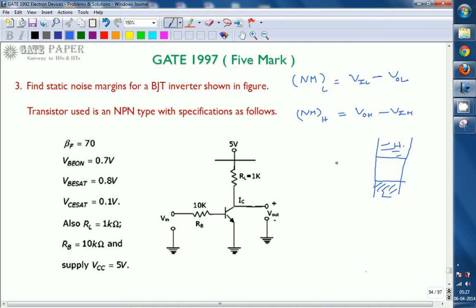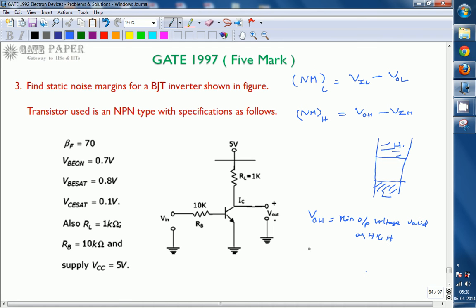VOH is the minimum output voltage that is valid as high level.